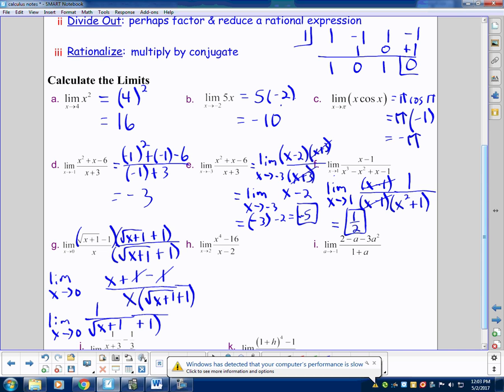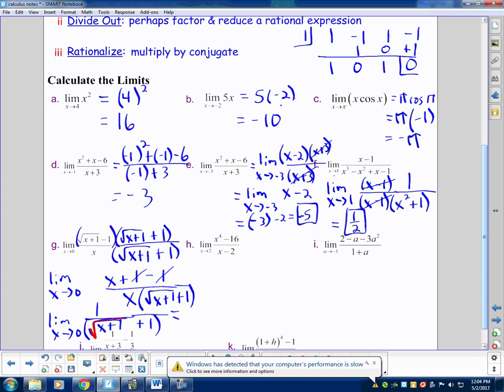So the square root sign is over the x plus 1, and then I have a plus 1 there. So the 1's cancel out, the x's cancel out to equal 1. Two different types of canceling, right? And then I plug in 0.